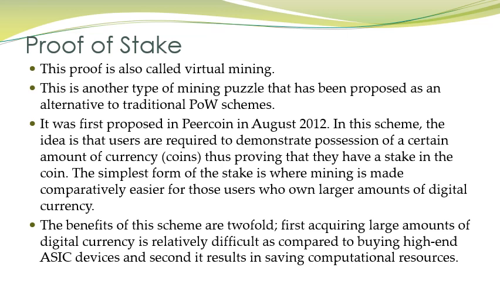The second benefit of proof of stake is that it results in saving computational resources. In the proof of stake algorithm, there is no need to solve the mathematical puzzle. There is no need of a high performance computer. The only condition is that the node must purchase a certain amount of currency.